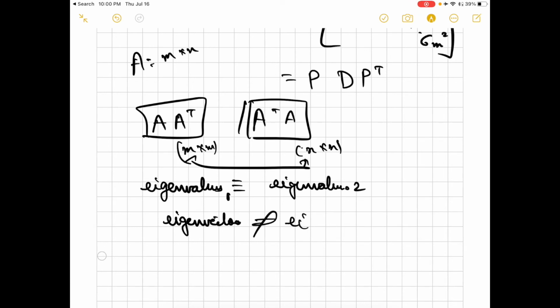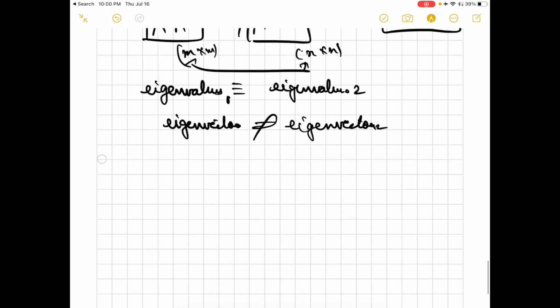In some cases that may be a coincidence, but in general these eigenvectors are not going to be equal, and that is the distinction between U and V. Also, when we say eigenvalues are going to be the same, we are typically talking about non-zero eigenvalues of A transpose A and A A transpose.